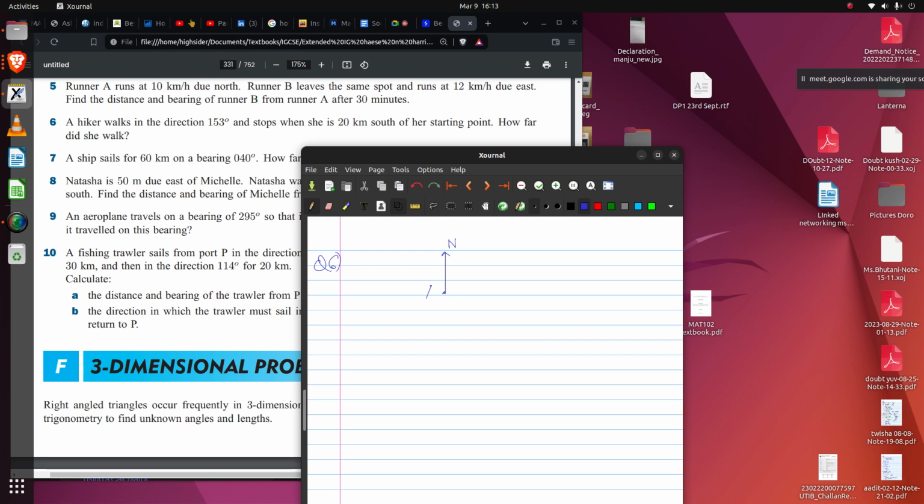Your starting point is A. You'll mark the north direction at A. Alright. Now in which direction you are supposed to go? So this is first quadrant, second quadrant, third quadrant and fourth quadrant.